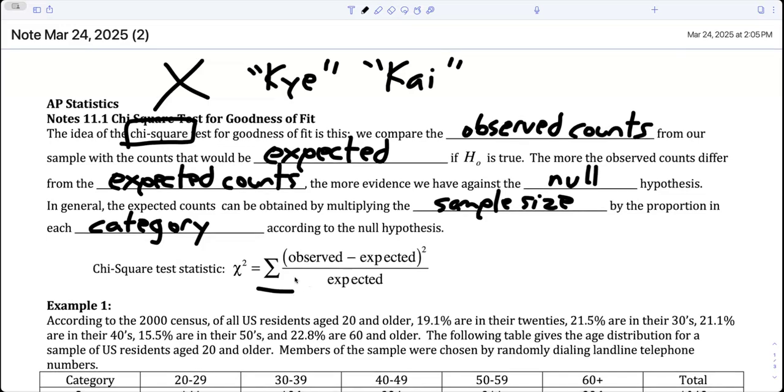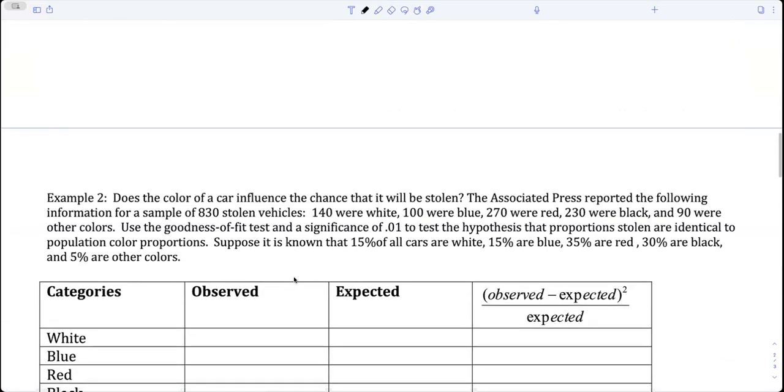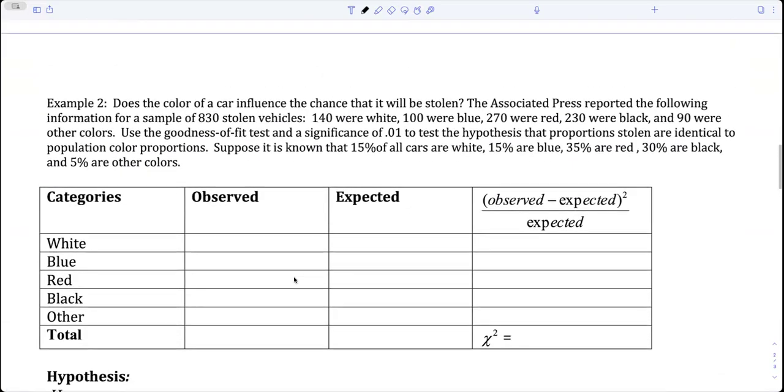So let's go ahead and go to this one right here. And we'll work through this and do a chi-squared goodness of fit test. Okay, so it says, does the color of a car influence the chance that it will be stolen?